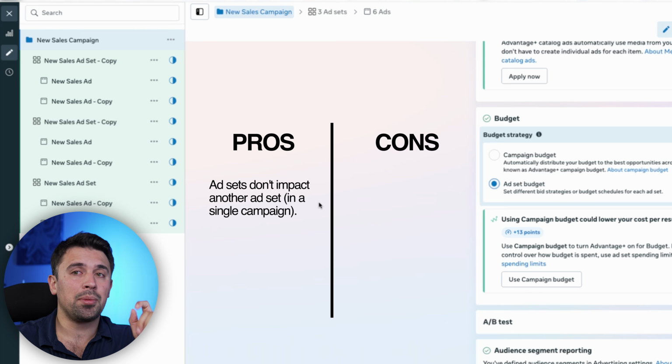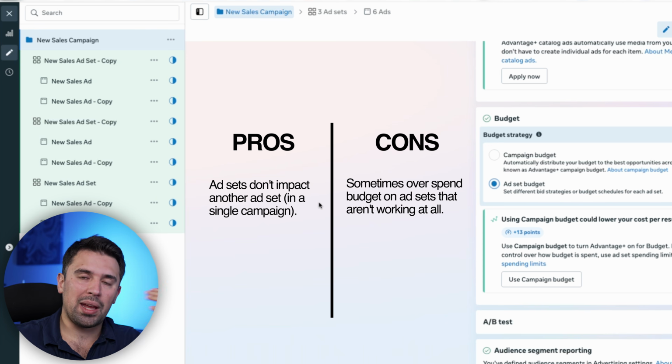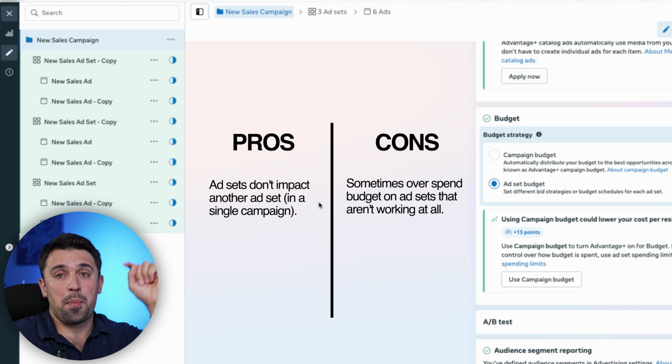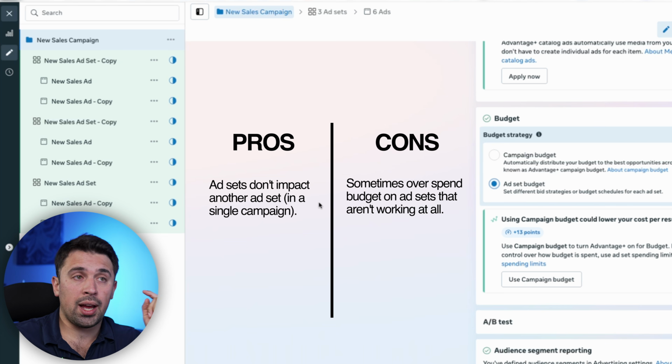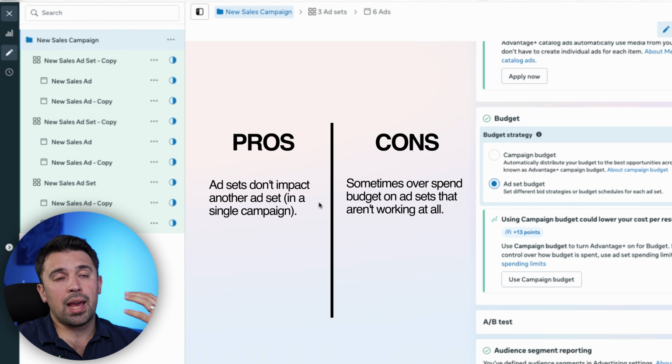But at the same time, here's the con. The con is that you may end up overspending on losers, right? You will actually have to manually turn off ad sets that are underperforming. So you have to keep a close eye on the ABO setups and make sure that you're not overspending on losers, right? So I like to think of CBOs as driving a car on automatic, and then ABOs as driving a car on stick shift or manual, right?